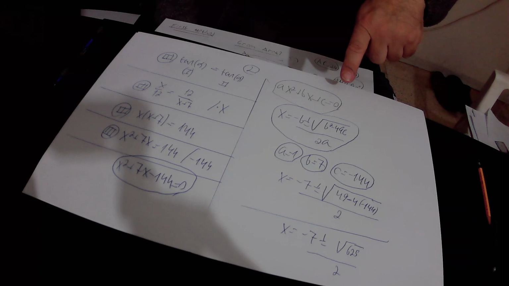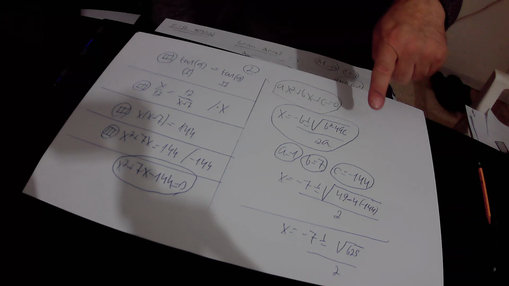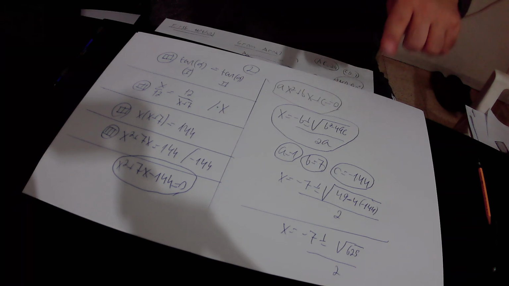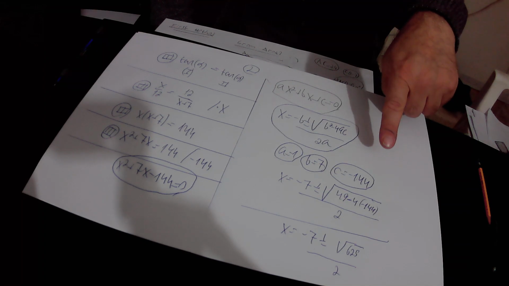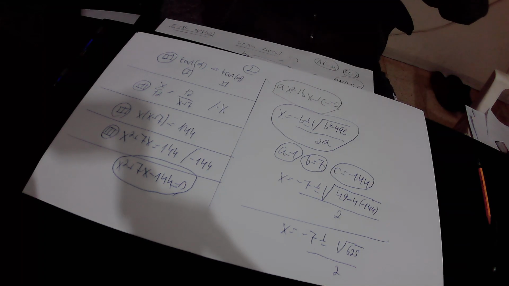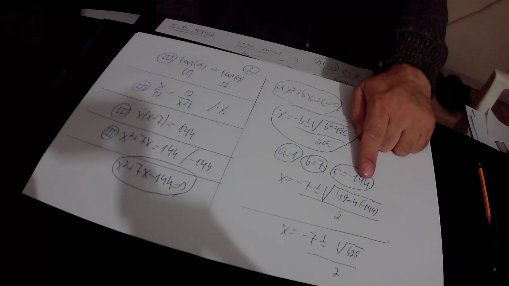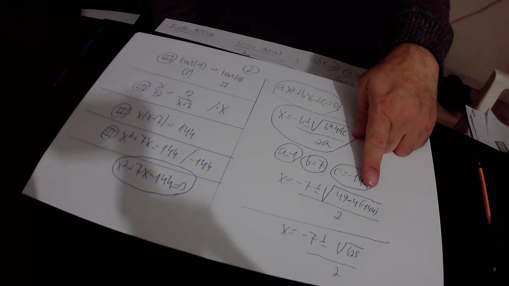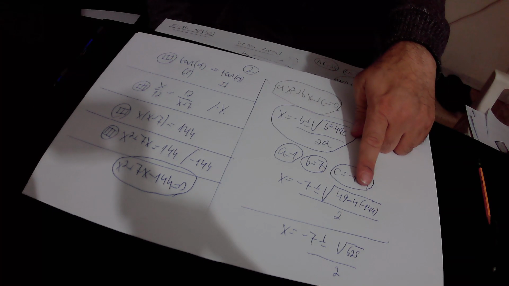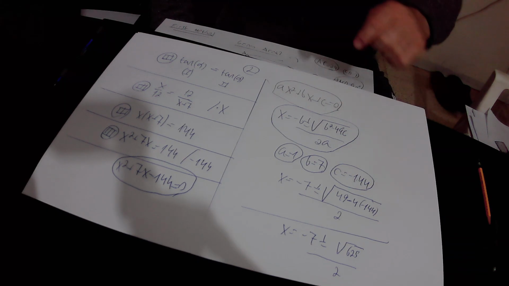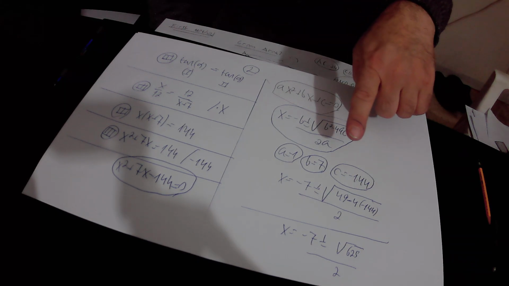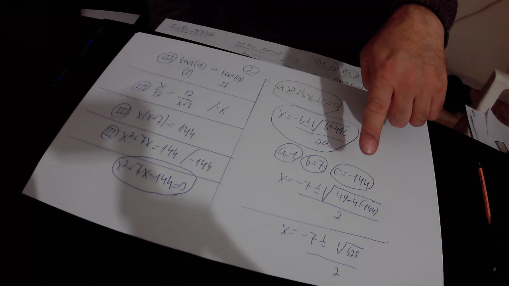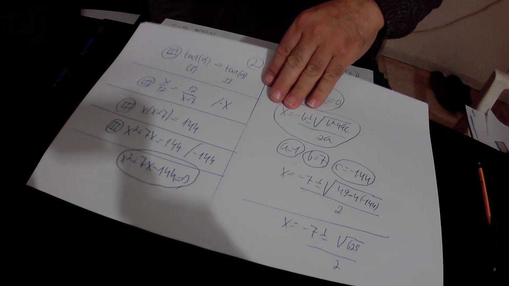B squared is 7 squared, that is 49, minus 4 times a, which is 1, times c, which is minus 144. So inside the root we have minus 4 times minus 144, which is plus 576, plus 49. In total we have 625 inside the root. So x equals minus 7 plus minus the square root of 625, over 2.